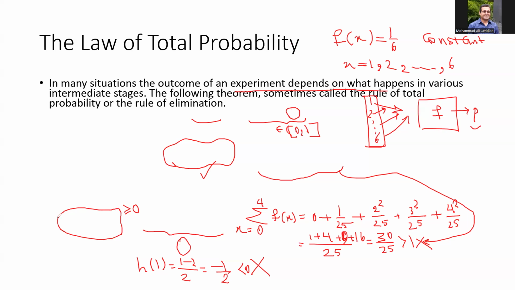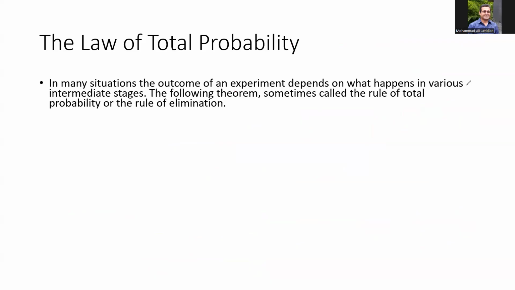And the first one is the law of total probability. This is a situation where your sample space is partitioned into several subspaces. For example, here, assume we have a subspace B1, subspace B2, and subspace B3.